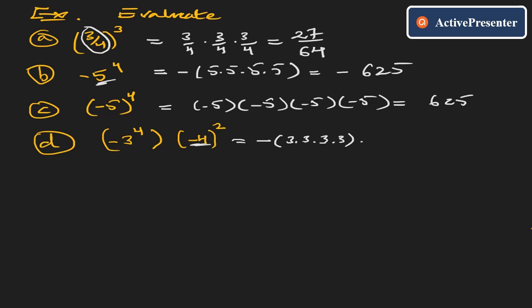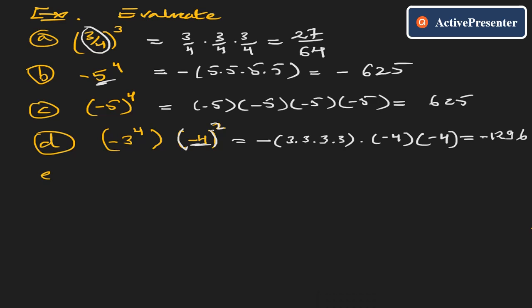Here the base is -4 because it is the overall to the square. So the base is -4. -4 should be repeated 2 times. -4 multiplied in -4. This eventually will equal to -1296.